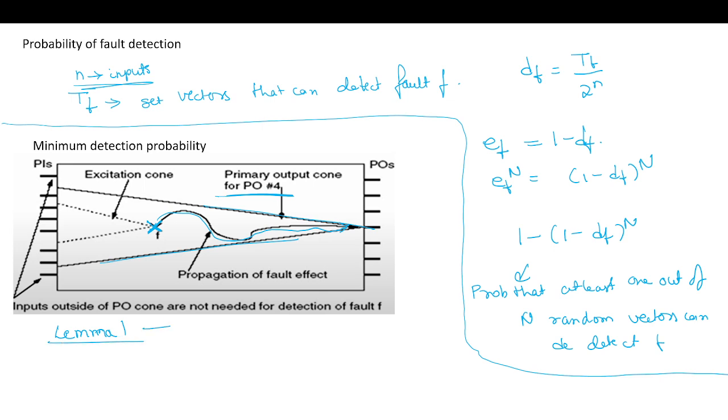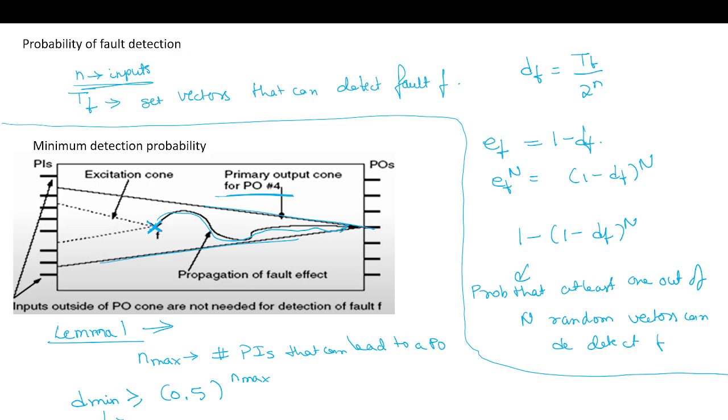With this we have one theorem. In any combinational circuit with multiple outputs, if n max is the number of primary inputs that can lead to a primary output, the d min is given by 0.5 to the power n max. 0.5 because any node can be set to either 0 or 1.